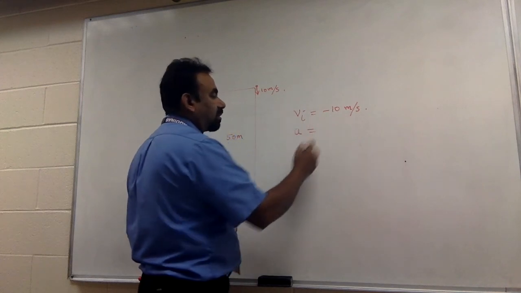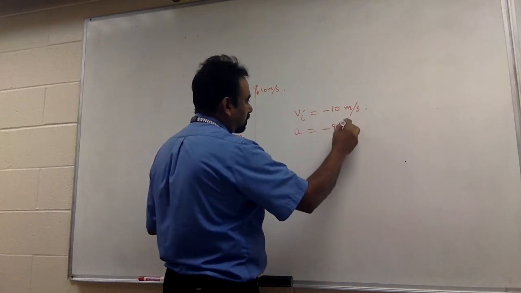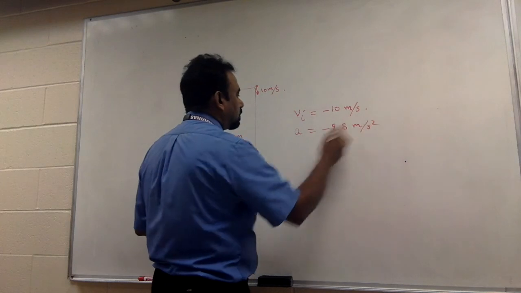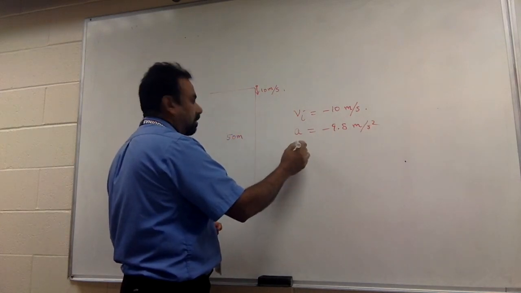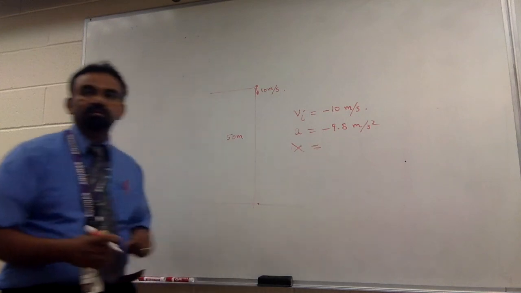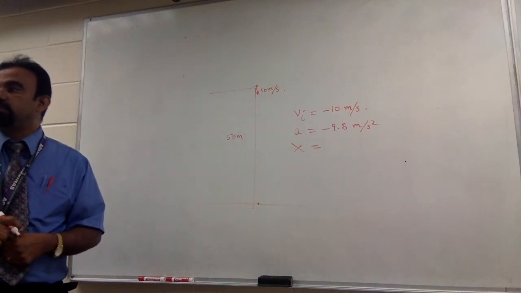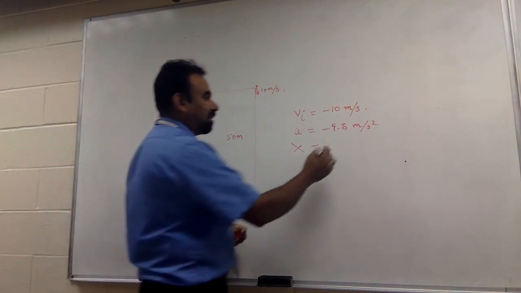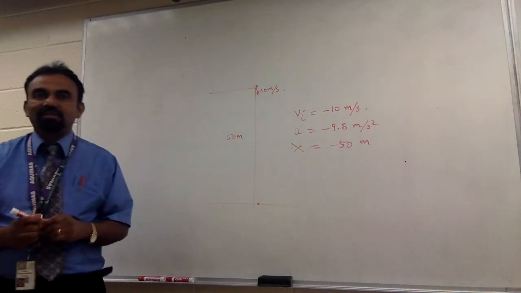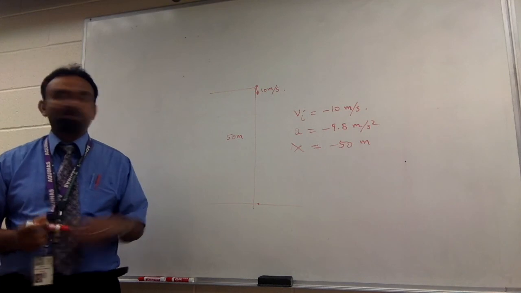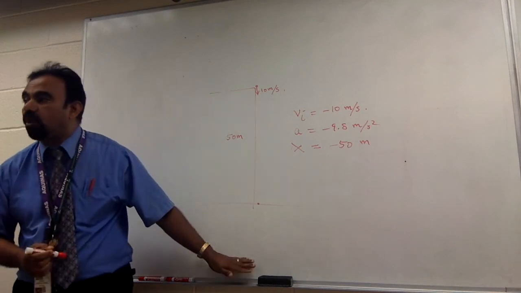Okay, acceleration is what? And displacement is what? Negative 50. See, every time, be careful. Why is displacement negative 50? Because it started here and ended below.